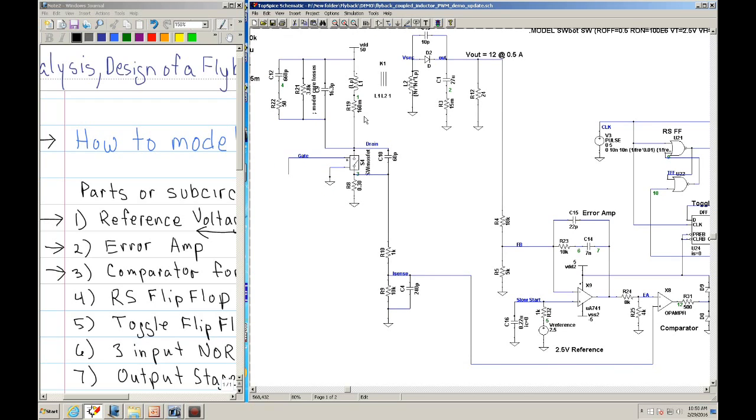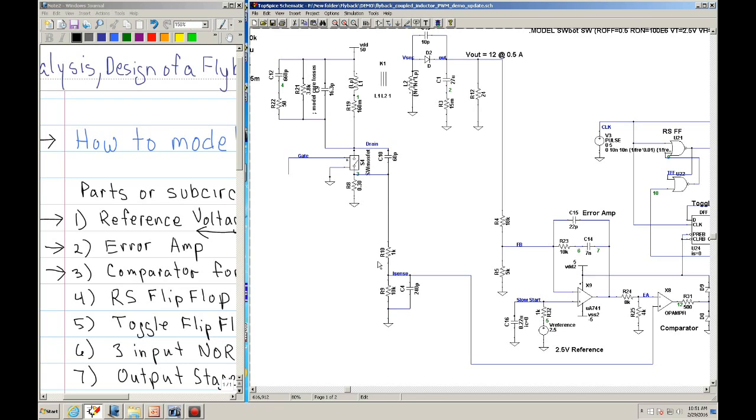So basically, when the MOSFET turns on, you've got current flowing through your primary, and if you recall, it looks like a ramp. Okay, it looks like a sawtooth or a ramp. That current then develops a voltage across this resistor. R8 is a current sense resistor.